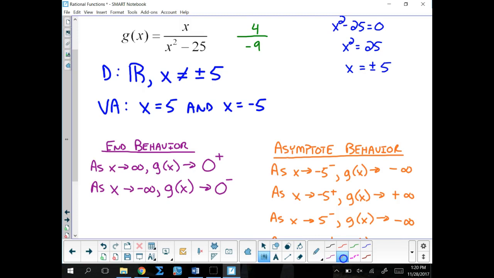What's on the right side of 5? So that's going to be positive 6 over 11, wasn't it? That's going to go to positive infinity.